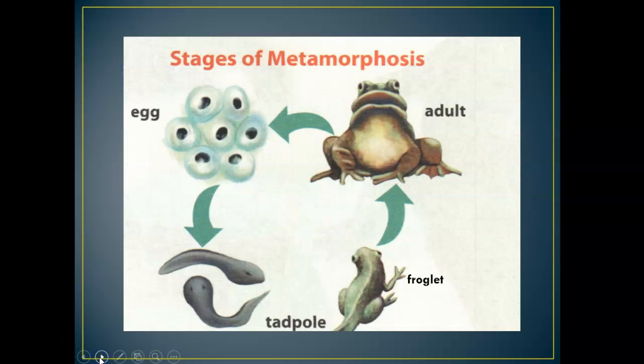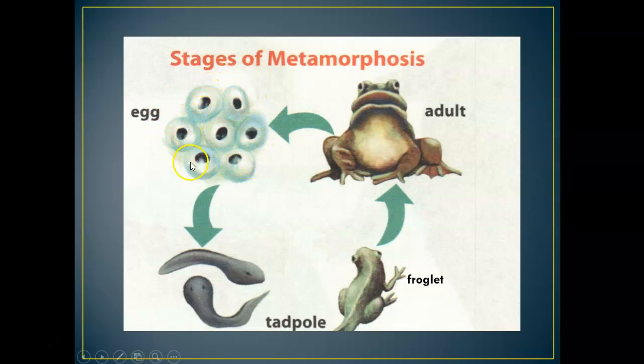So, all right, here are the stages of metamorphosis. This is the stage of metamorphosis that is in your book. I think it's on page 13. So here's what we have. A frog will lay these little eggs.